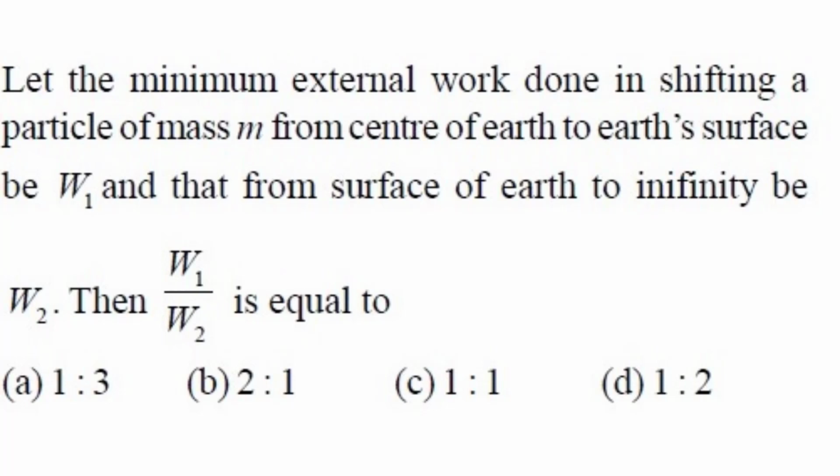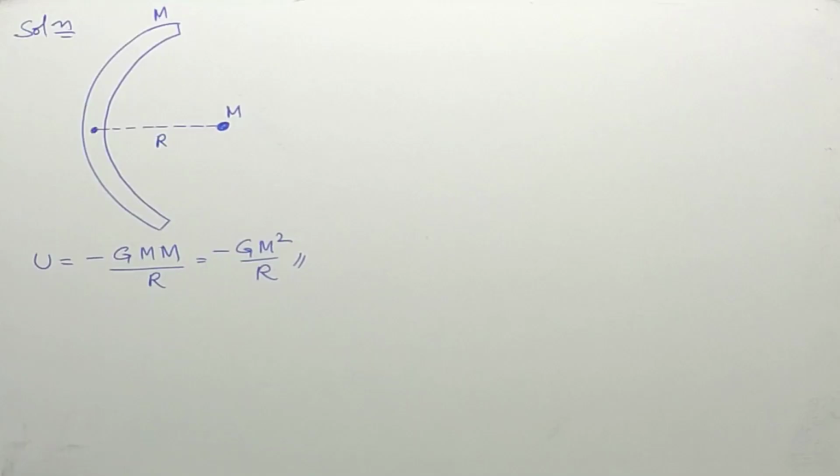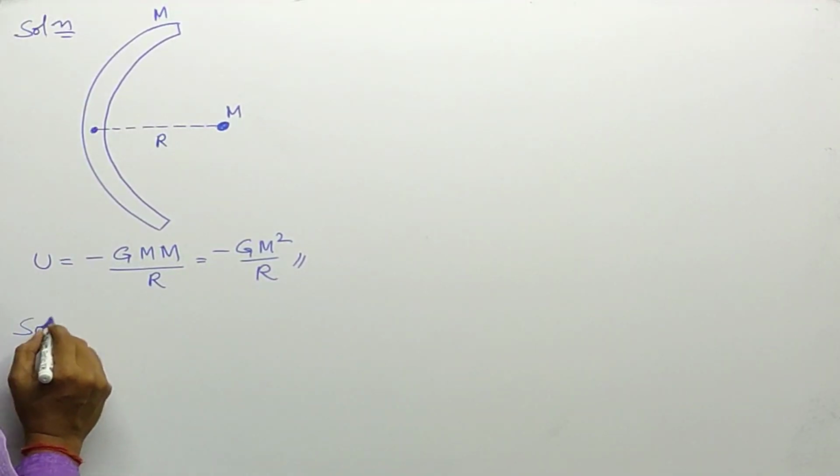Let the minimum external work done in shifting a particle of mass m from the center of the earth to the earth's surface be W1, and that from the surface of the earth to infinity be W2. Then W1 by W2 is equal to, solution.